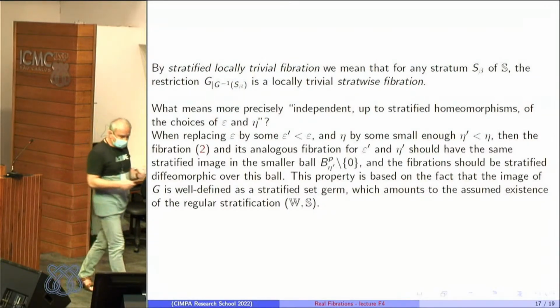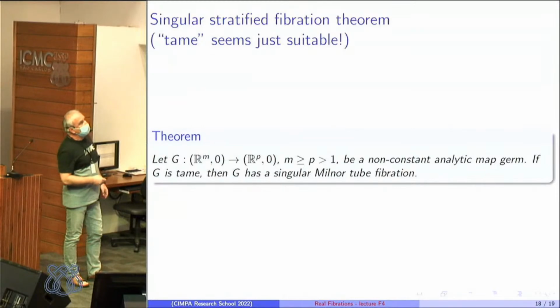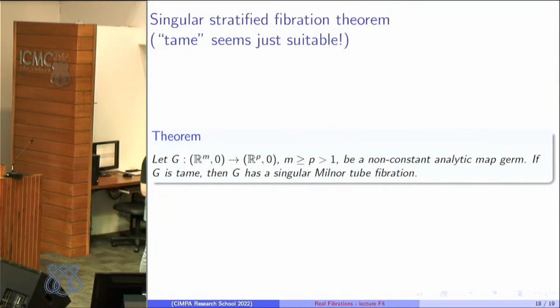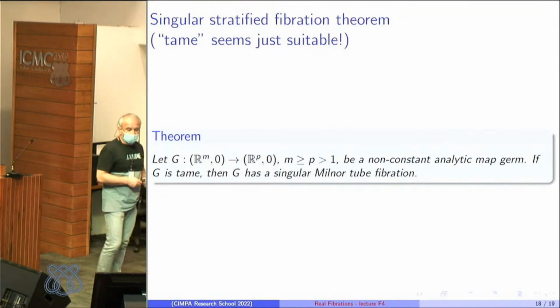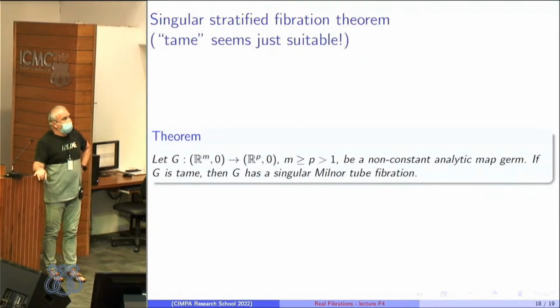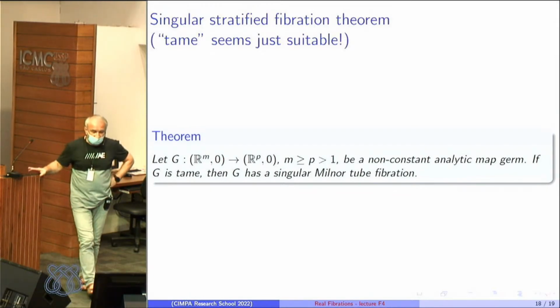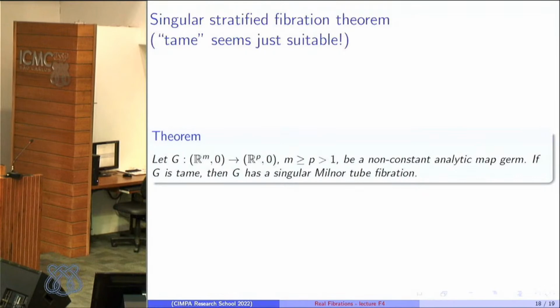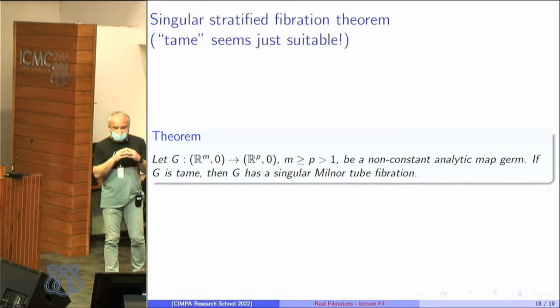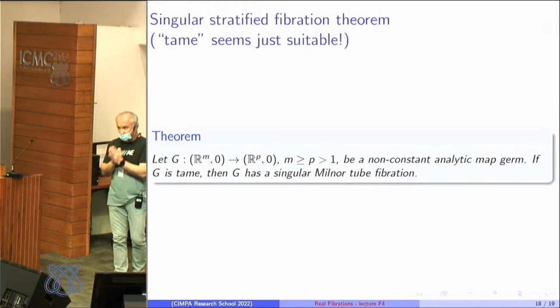And with this definition and with this setting, you can prove that actually you do have a fibration. So if you have a polynomial map, a real analytic map germ from R^m to R^p, and if you assume that G is tame, then you have a singular Milnor fibration.